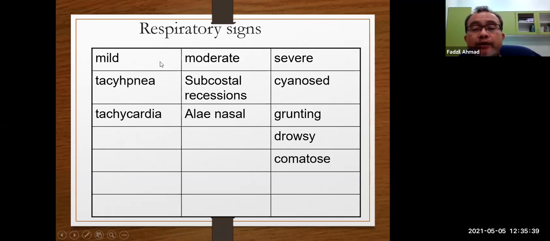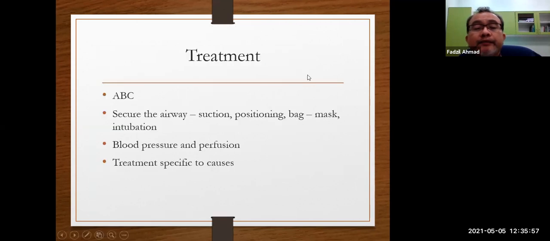Mild, sometimes we just observe, we treat accordingly with antibiotics. Moderate, perhaps the child needs some support like CPAP or BiPAP. Severe, usually they need a very high level of support, intubated and ventilated.